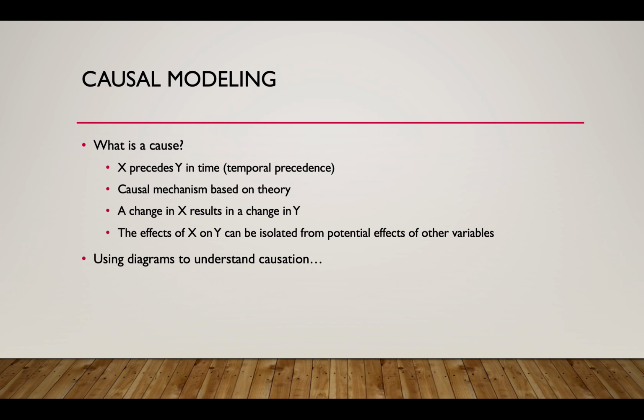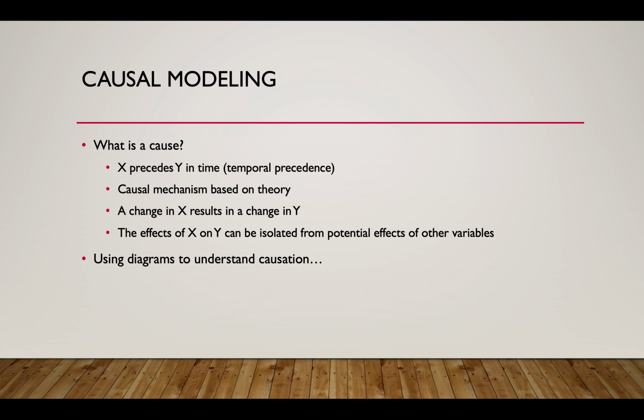All right, so to begin this, let's start by talking a little bit about causal modeling. One of the great things about regression and the many tools that we have available to us within the context of regression is that we can make some sort of inference about cause.